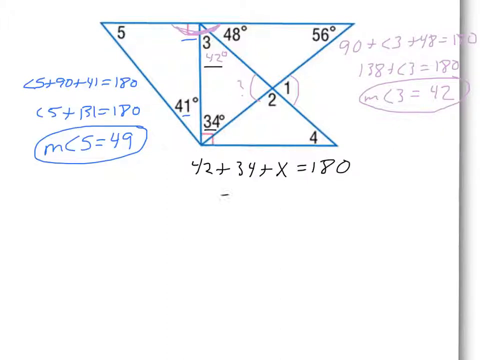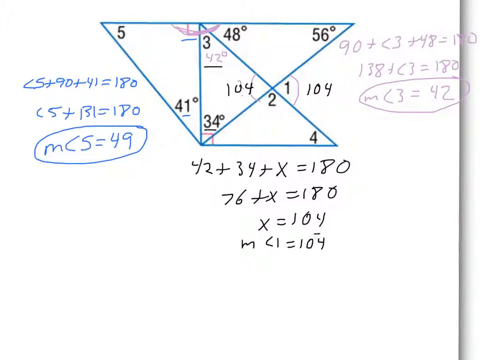We end up with 76 plus x equals 180, and subtract 76, and x equals 104. So if this angle is 104, then angle 1 is also 104. Okay, we're getting close now.